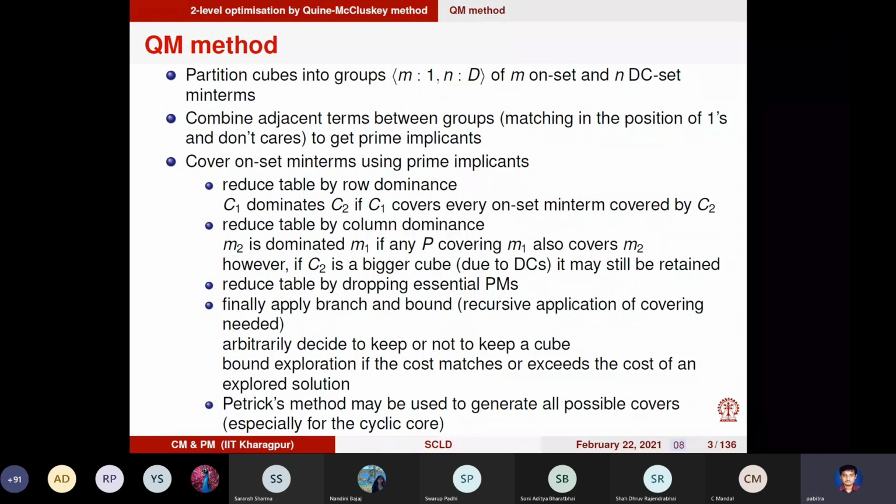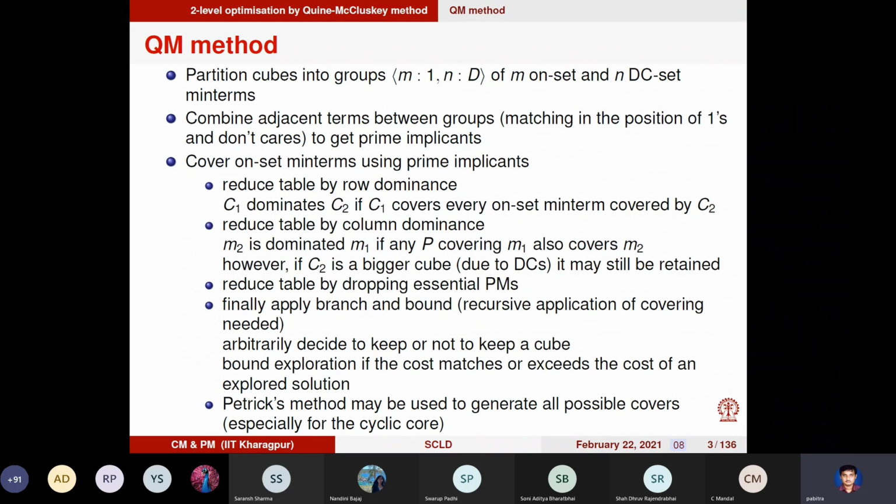So first we create an implicant table. Then you reduce the tables by some rules, which denote logic equivalences. These rules are in terms of row dominance and column dominance. You use row dominance and column dominance to reduce these tables of the implicants.